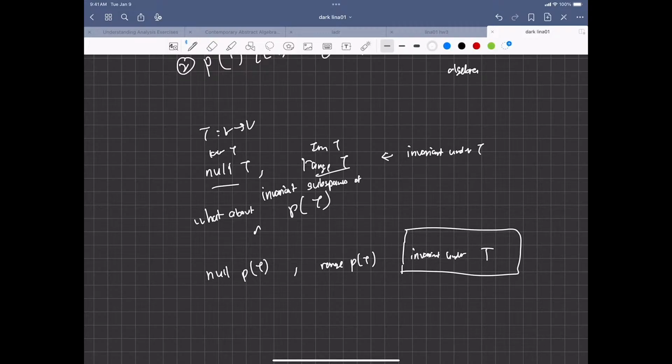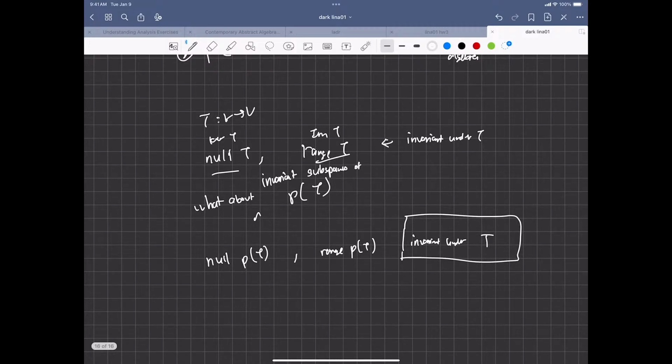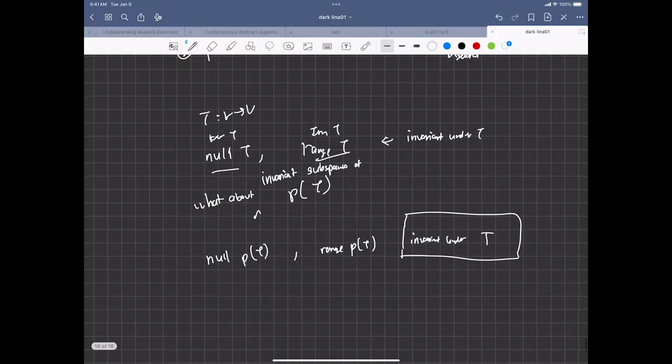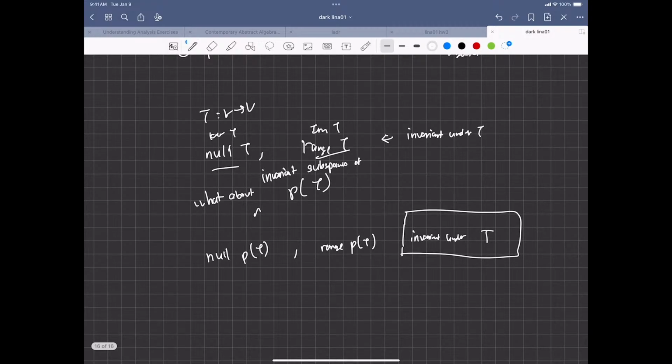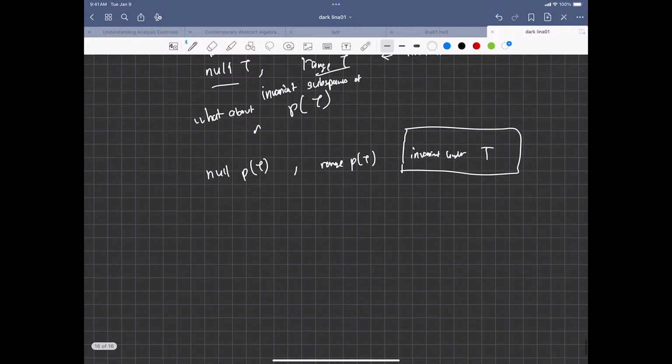This gives us a way to search for eigenvalues and eigenvectors of T in a way. And we'll go through this proof. So why is this so?